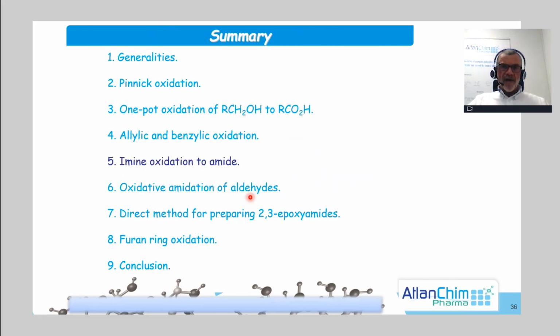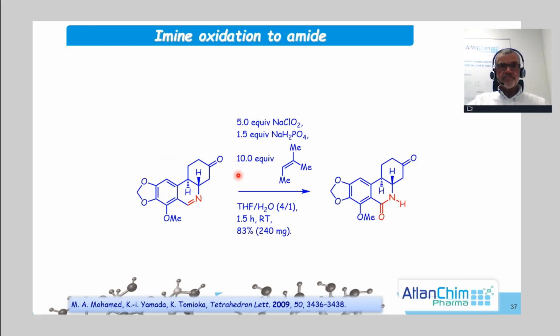We now turn our attention to the oxidation of amine to amide under Pinnick oxidation conditions. In the course of their research into alkaloid synthesis, Tomioka and his group have discovered that oxidation under Pinnick conditions is applicable to amines to provide the corresponding amides in good to high yields.